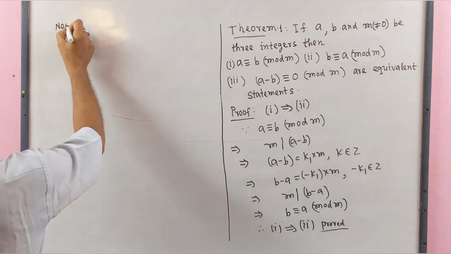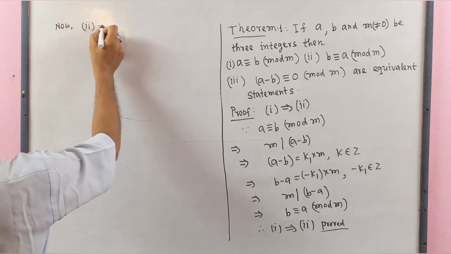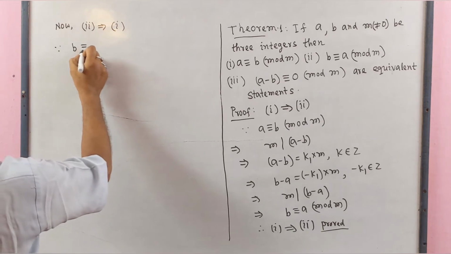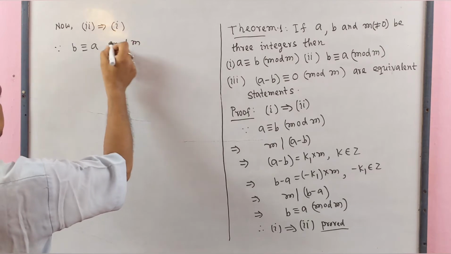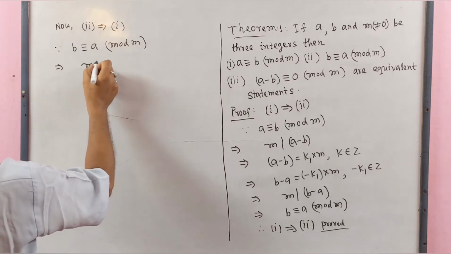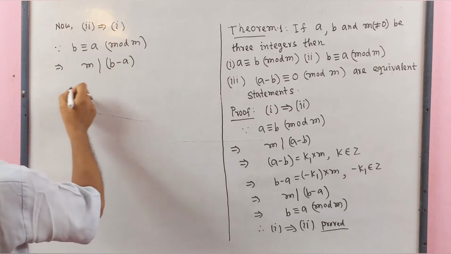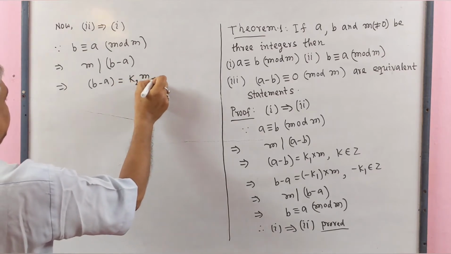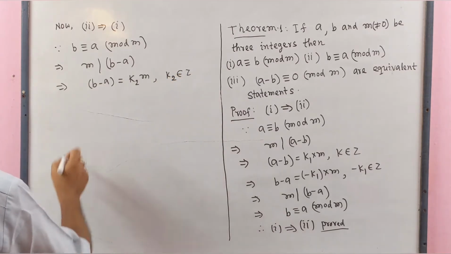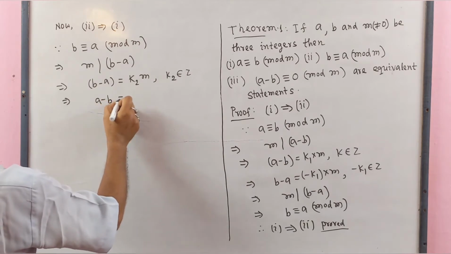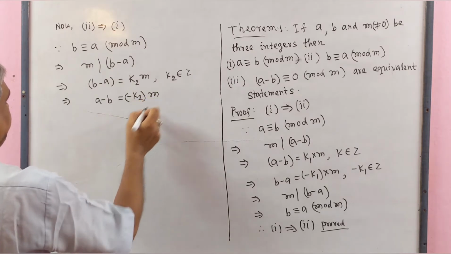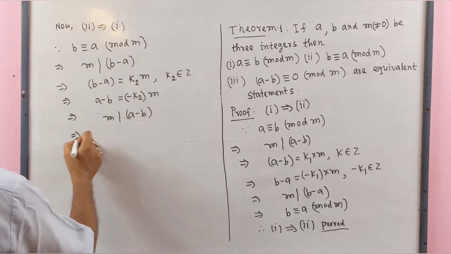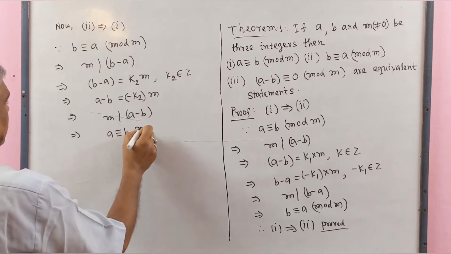Now we prove 2 implies 1. In 2, we have b congruent to a modulo m, which implies that m divides b minus a, which implies that b minus a equals some integer k2 multiplied by m. Since k2 is an integer, this implies that a minus b equals minus k2 m, which implies that m divides a minus b, which implies that a is congruent to b modulo m.